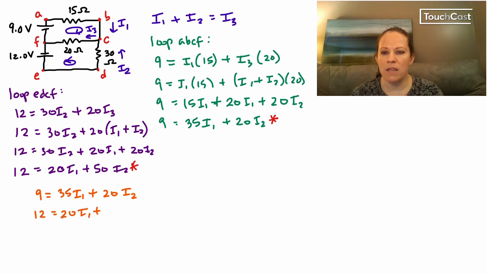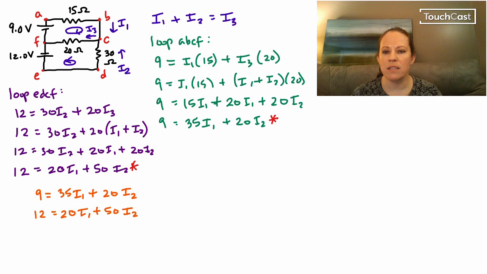So one of the ways that you may remember how to solve a pair of linear equations is to multiply one or both of them by a constant value so that you can add the 2 equations and eliminate one of the variables.